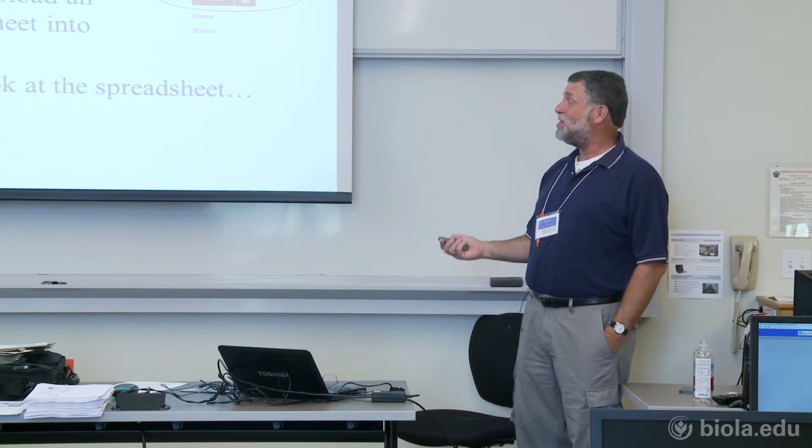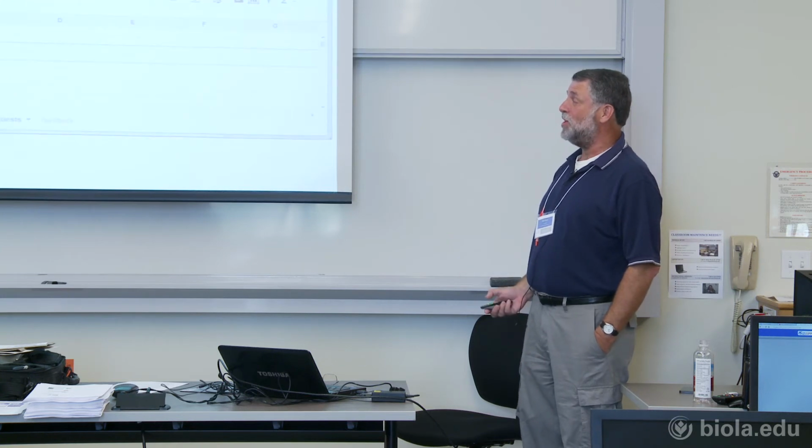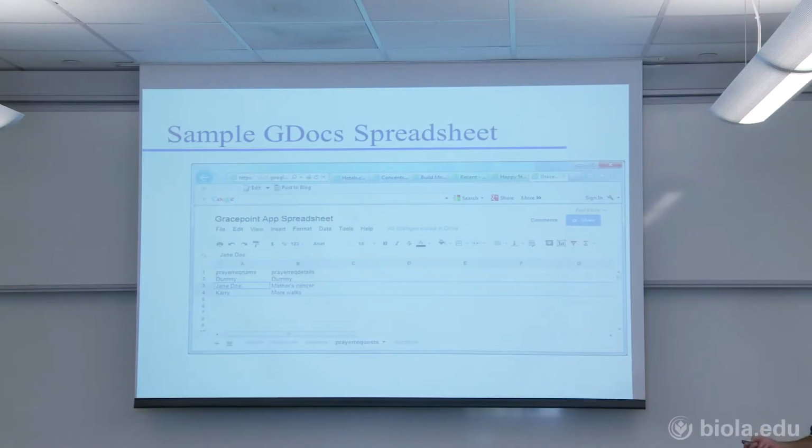All right, so let's take a closer look at what a spreadsheet looks like. This is pretty straightforward. Like most spreadsheets, it has rows and columns and so on. And what you're seeing here is two sets of entries. And then down at the bottom, different worksheets.